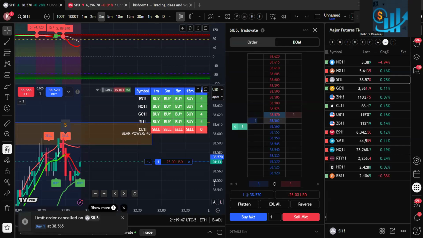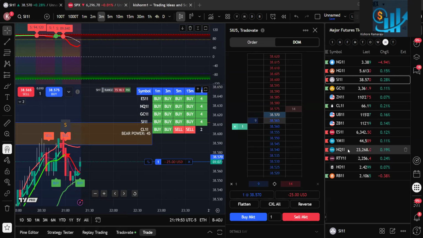So now we have long on GC, long on silver, long on US. We took profits on NQ.